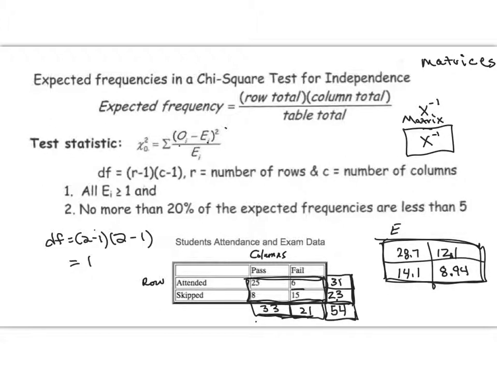Why don't we go ahead and write down our null hypothesis. The null hypothesis is that attendance and test data are independent.